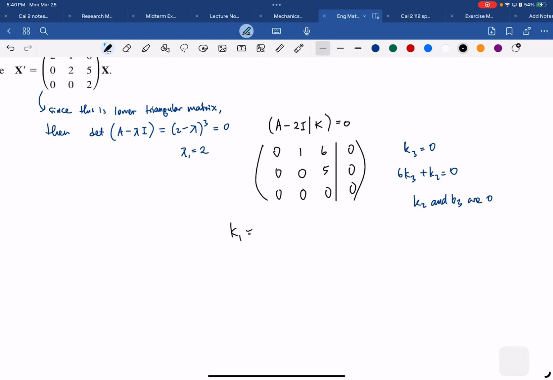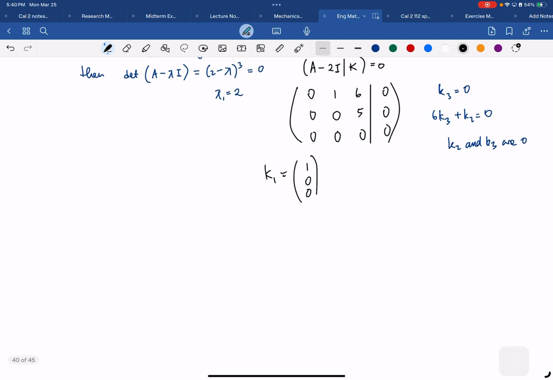We can work this as 1, 0, 0, and then solving A minus 2I times P, and then solving the next one.